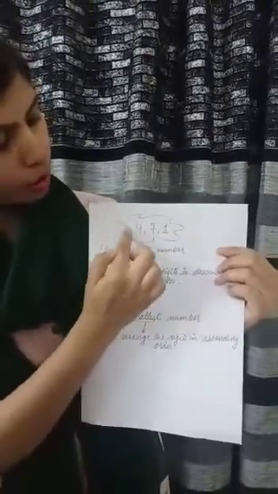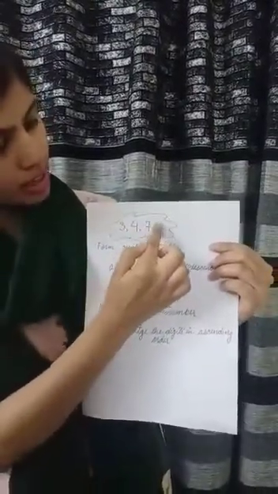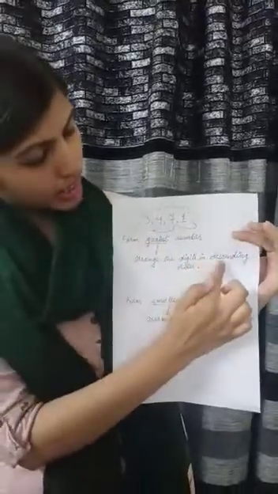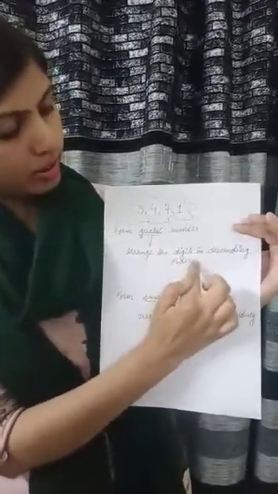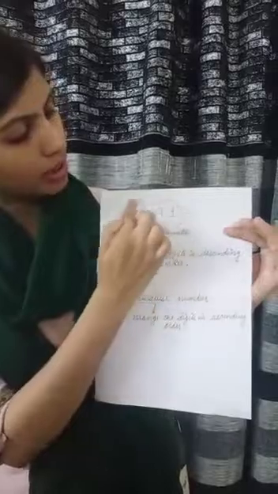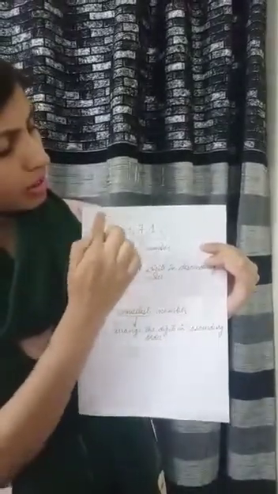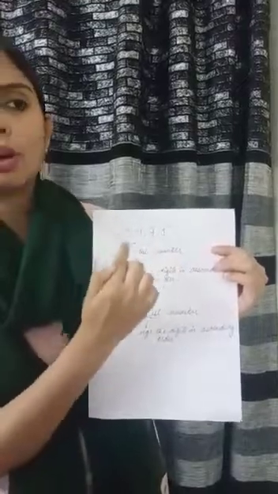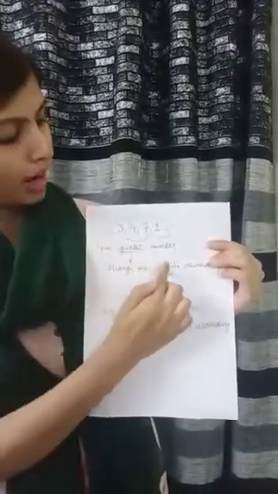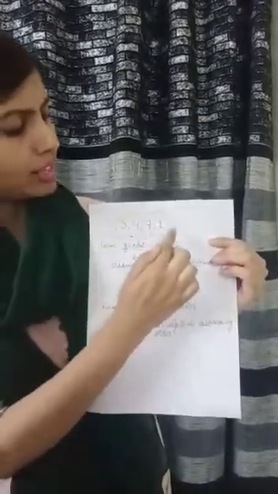First of all, you will arrange these digits in descending order. That is, you will write the greatest digit first, that is 7. Then you will write 4, then 3, then 1. And the number formed is 7,431, which is the greatest number which we can form using these digits.